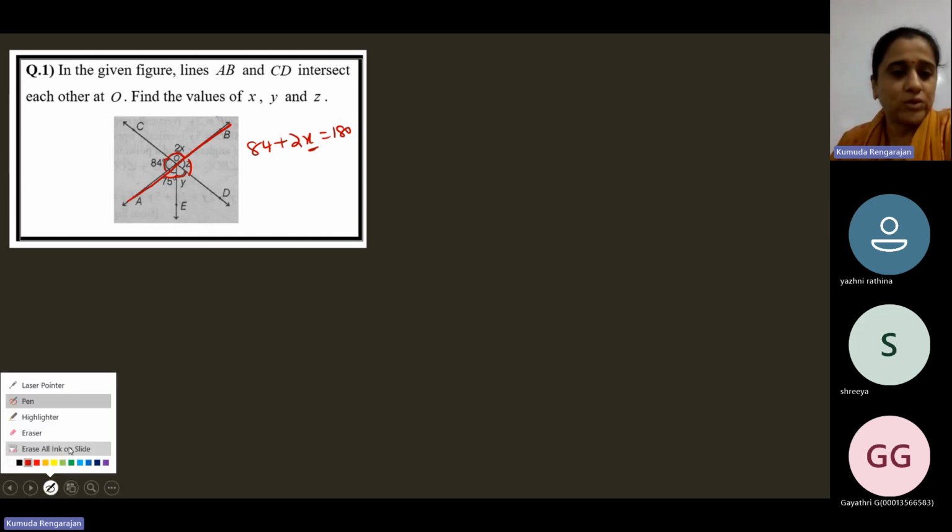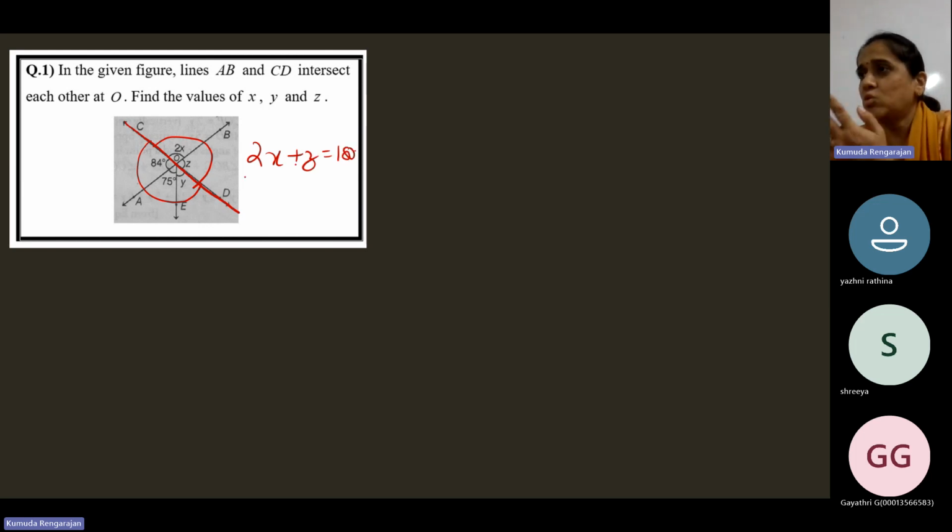We are going to go with 84 plus 2x is equal to 180 because it has only one variable, so you can solve and find the value of x. Below AB, 75, y and z: we cannot find y or z, so we didn't use that equation.